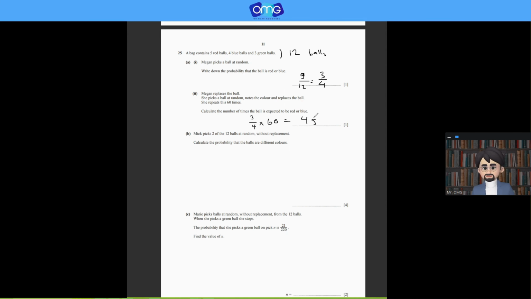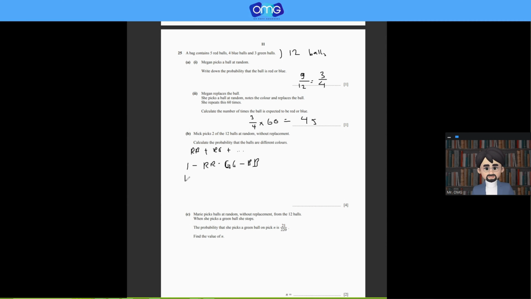And B, Mick picks 2 balls. Before in A, he only took 1 ball. Please remember this, pick 2 balls, and he wants different colors. It's like red blue, plus red green, and so on. Too much. Or simply we can make 1 minus same color, which is red red, green green, or blue blue.